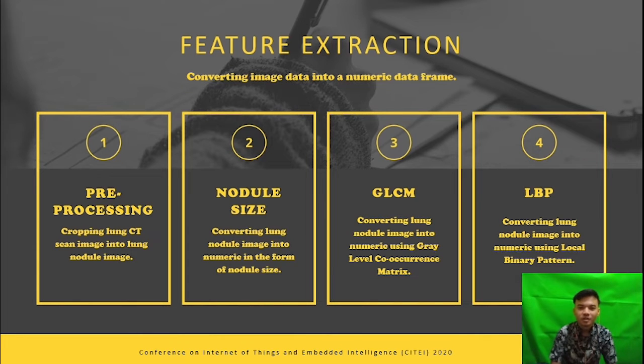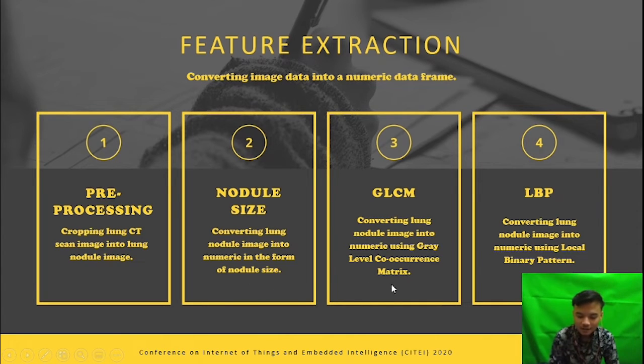Next is feature extraction. Feature extraction is to convert image data into a numeric data frame. There are 4 steps to do feature extraction. First, preprocessing. Preprocessing is cropping the lung CT scan image into a lung nodule image. And then nodule size, converting the lung nodule image into numeric in the form of nodule size.